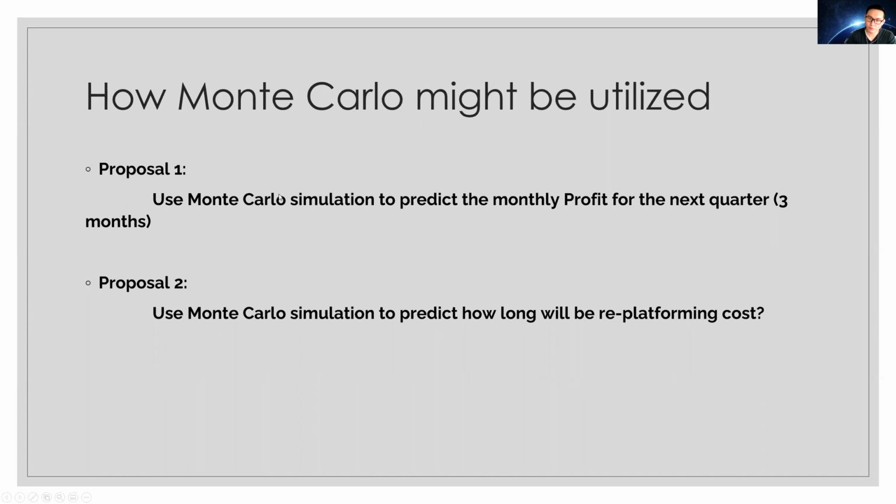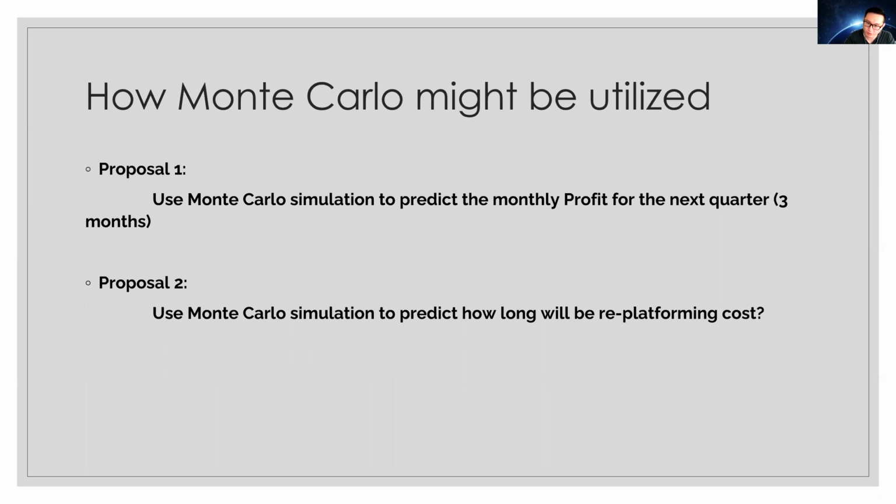I have 2 proposals about how we can utilize Monte Carlo for my employer. First, we can use Monte Carlo simulation to predict the monthly profit for the next couple of months.